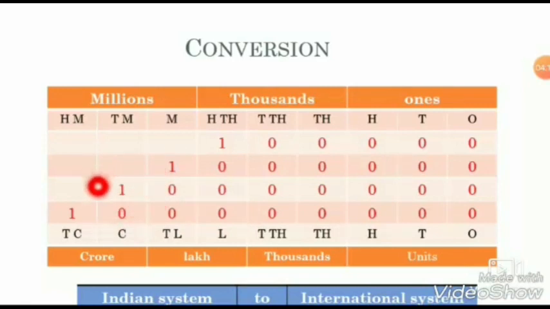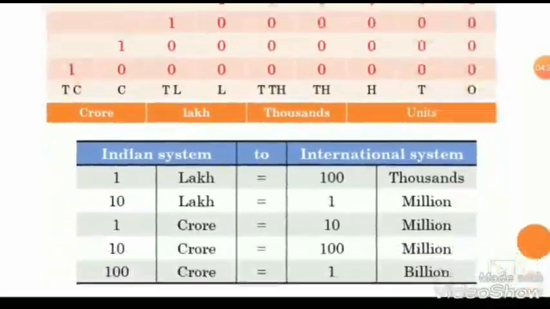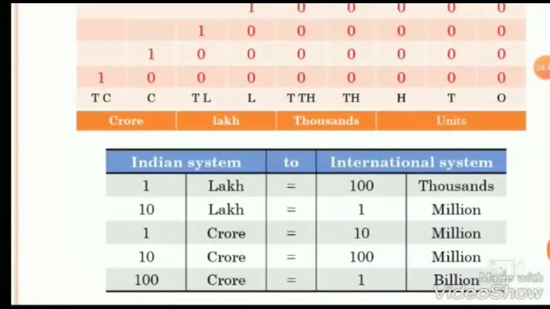Now if I write 10 million in the international system, it is nothing but 1 crore, and 10 crore in the Indian system is 100 million. So the chart is like that. 1 lakh is equal to 100,000 in the international system. 10 lakh is equal to 1 million in the international system.